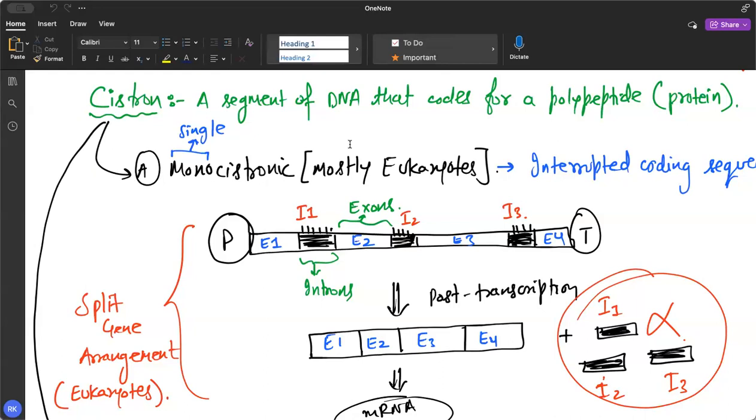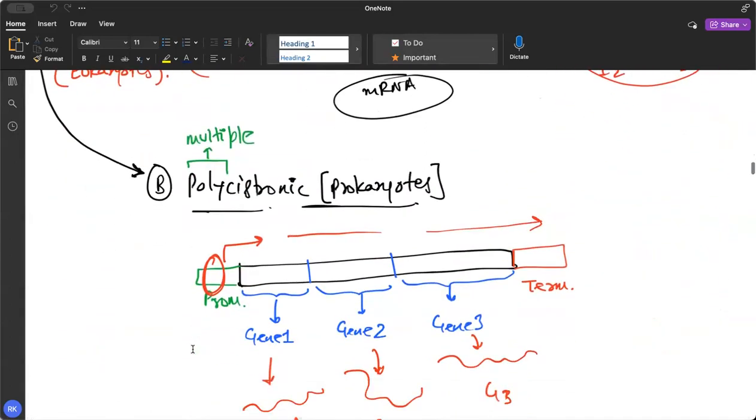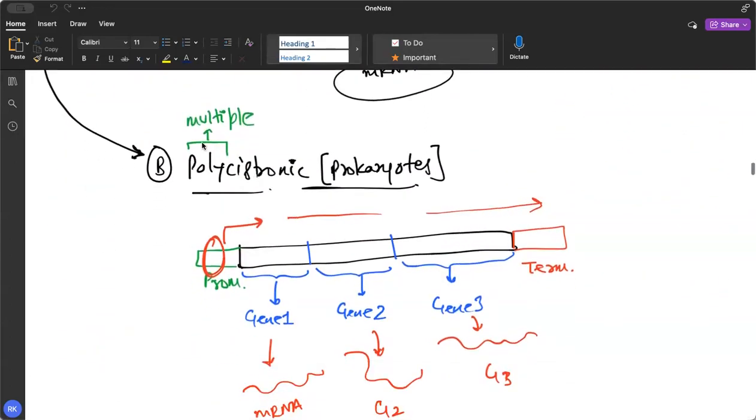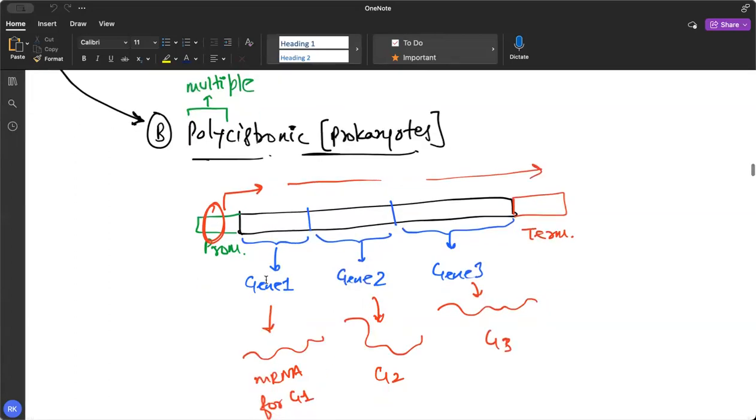So humans and eukaryotes are monocistronic, which means there is a single protein coding sequence between the promoter and the terminator in its transcription unit. But in case of prokaryotes, it's called polycistronic. There are multiple protein coding units between a promoter and a terminator, and they're all sandwiched together. There are multiple genes, and each can give rise to a different protein.